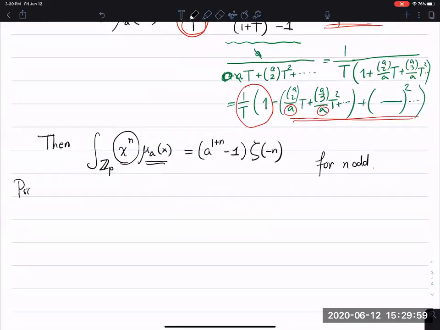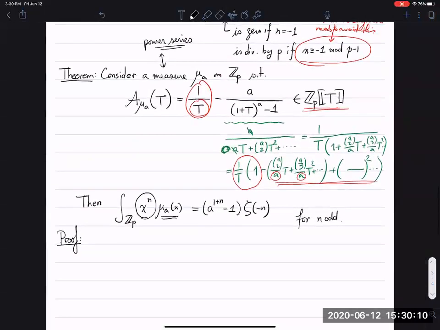So let's do the proof. Let's prove this. You see that this is very interesting: the zeta value can be interpreted as a measure, in the sense that if you integrate some power x to the n, it will precisely give you this zeta value.